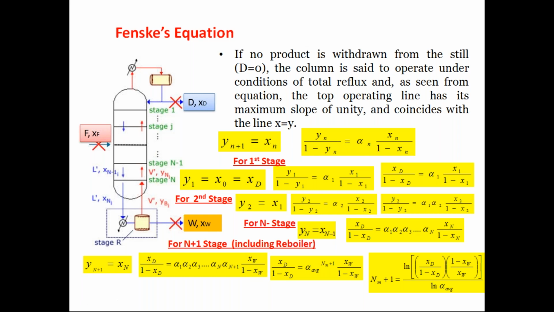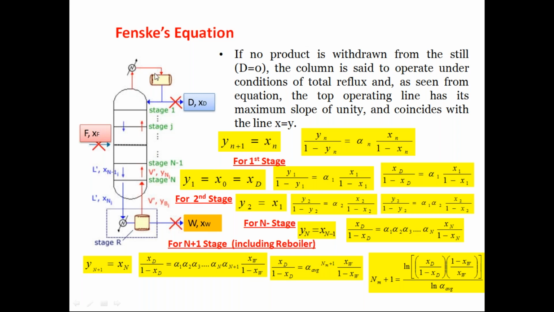Then coming to the first stage, let us take the first stage, that means n will become 1. Or you can say it is coming from the total condenser. So for the first case, the total condenser, when you put n is equal to 0, then y1 is equal to x0, which gives xd.